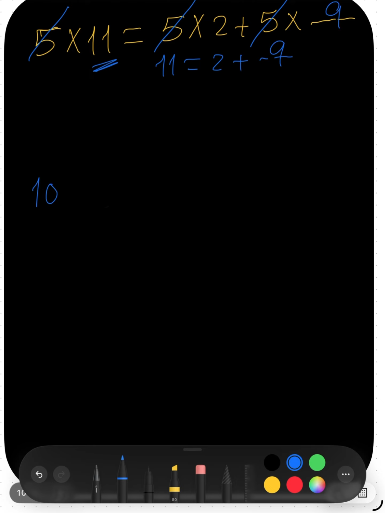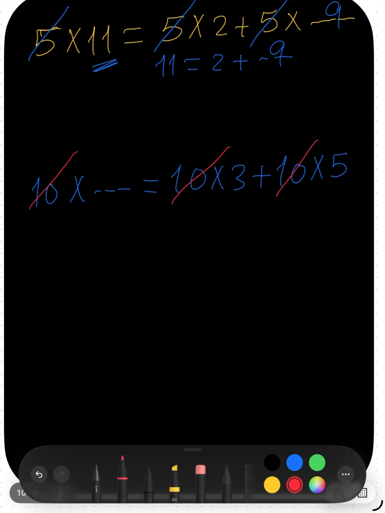Okay, next: 10 times what equals 10 times 3 plus 10 times 5. Here we cancel the common number. Here we have 3 plus 5, which equals 8. Then here we write 8.